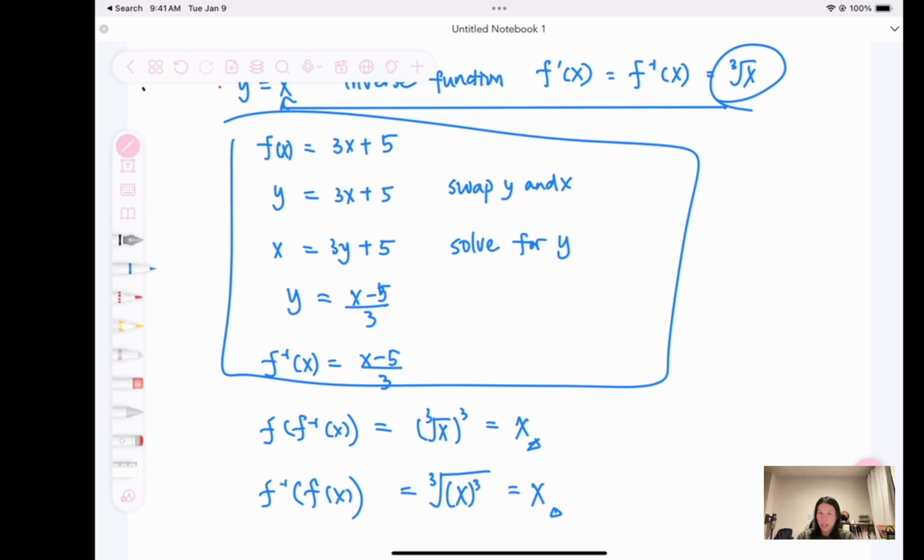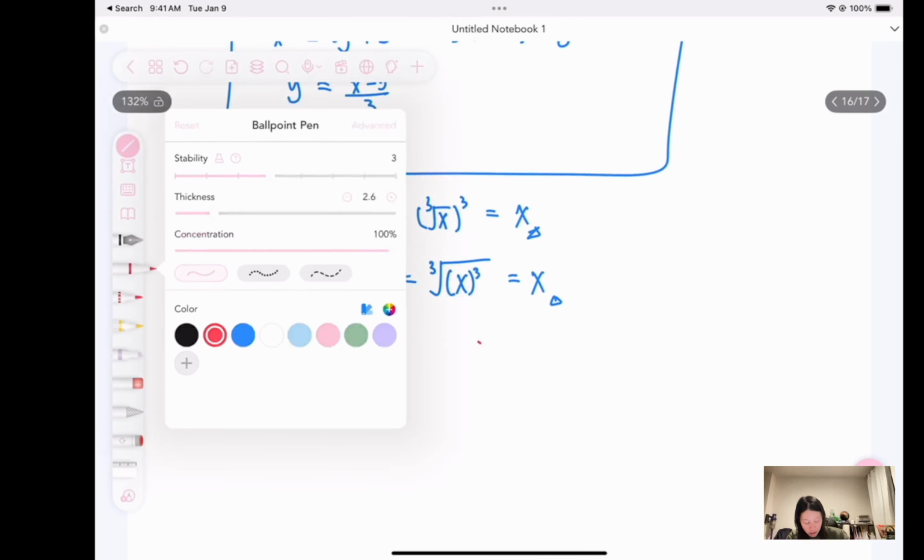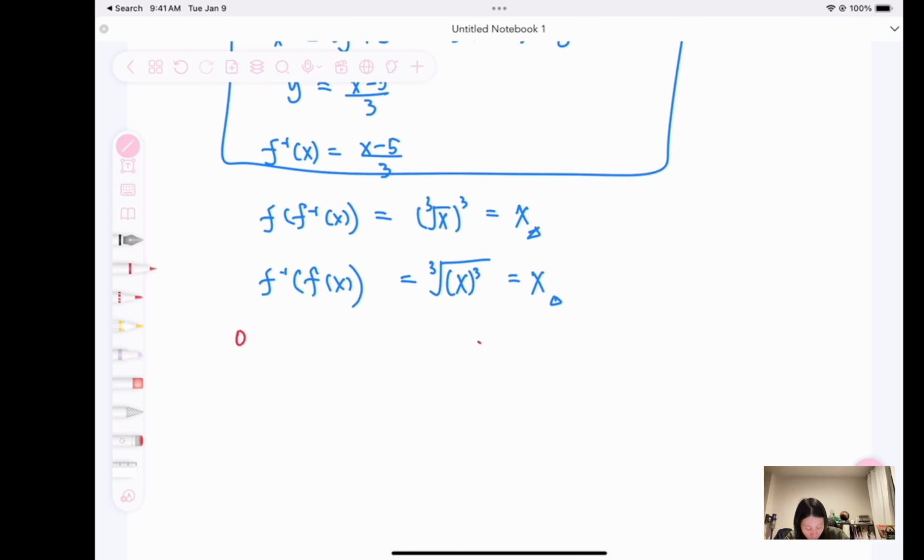We need to be careful when we talk about the inverse function. Some functions don't have an inverse function. So here is the note: only a one-to-one function has an inverse function, not one that is not one-to-one.